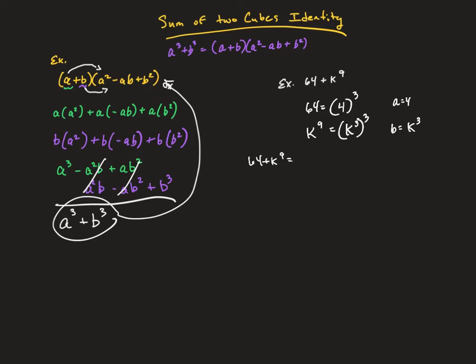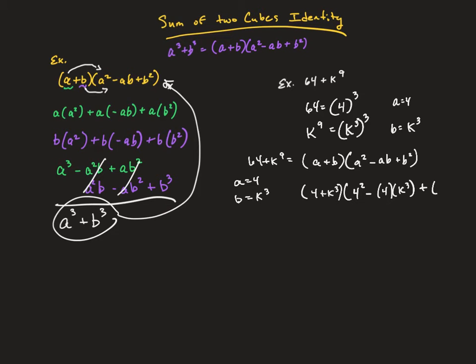Maybe I should include those real quick. A plus b, a squared minus ab plus b squared. All right, so we said a was equal to 4, b was equal to k to the third, so I have 4 plus k to the third times a squared, which is going to be 4 squared, minus a times b, so that is 4 times k to the third, plus k to the third squared.